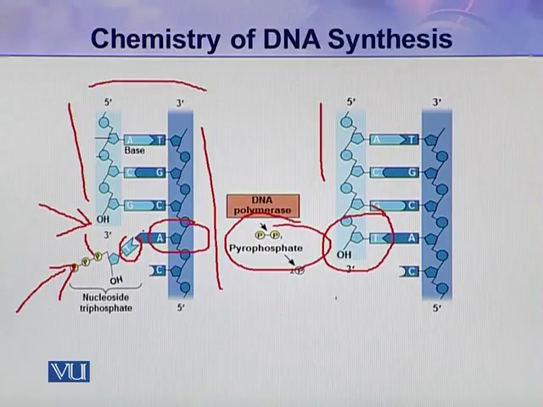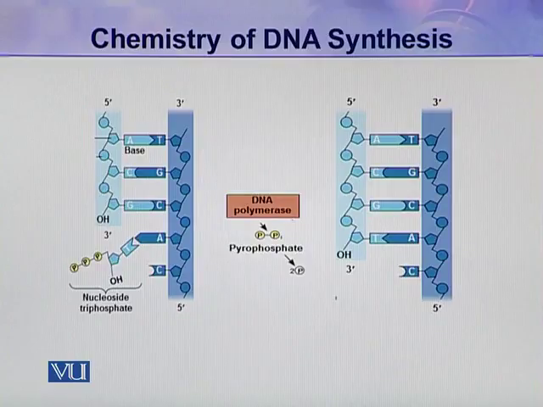Again in the next step another nucleoside triphosphate will come, and again this hydroxyl will attack the alpha phosphate, and the same reaction will be repeated. In this way the primer chain grows and new DNA is synthesized.